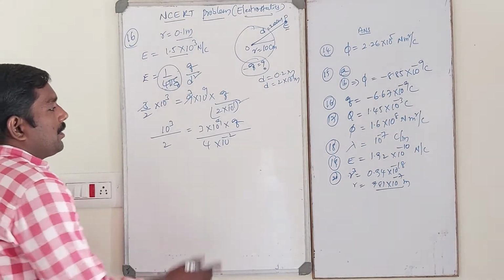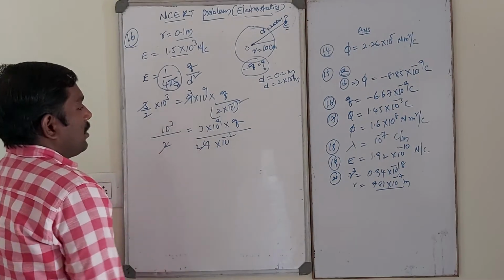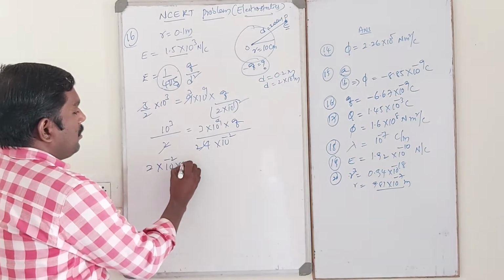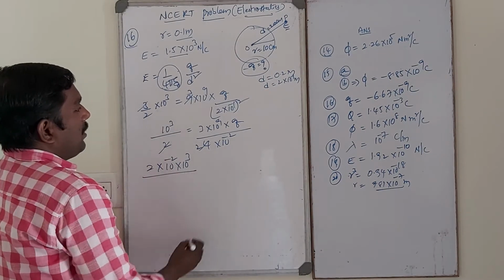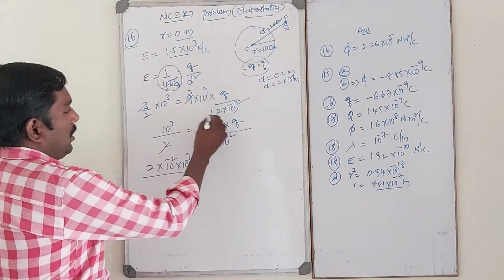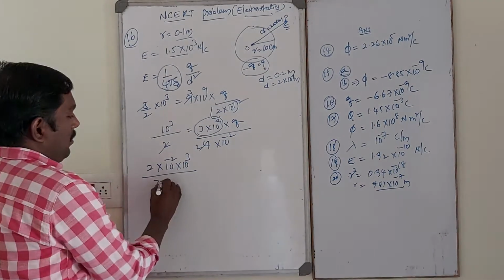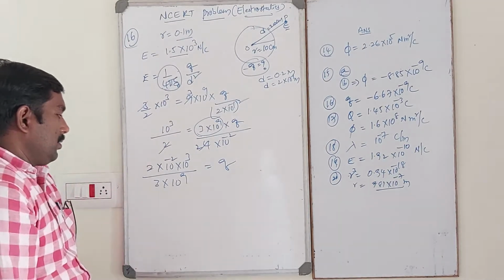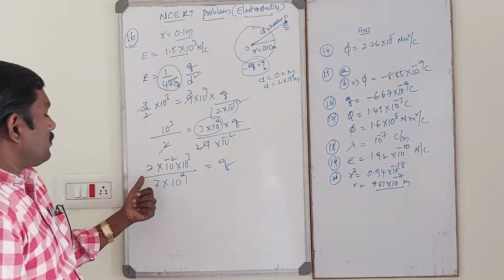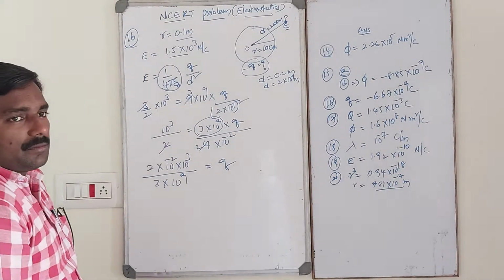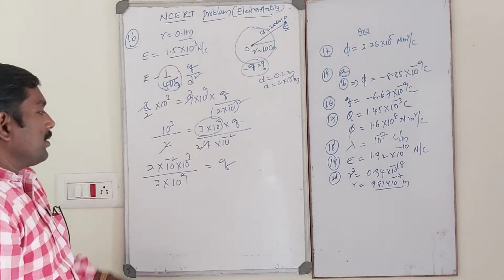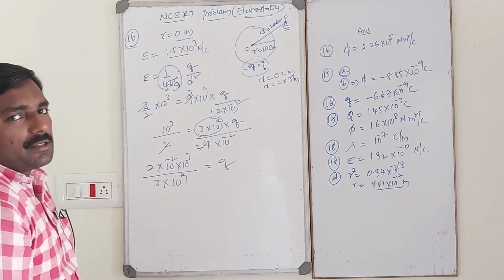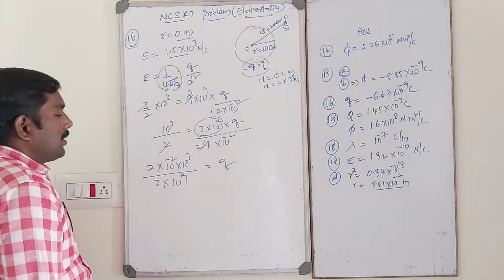So on cross multiplication, 2 into 10 power minus 2 into 10 power 3 divided by 3 into 10 power 9, that is equal to Q. So it is 2 by 3 or 20 by 3. 20 by 3 is nearly 6.667.